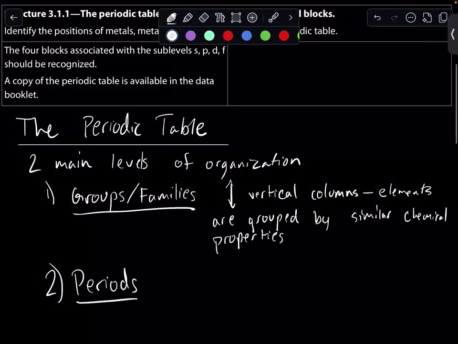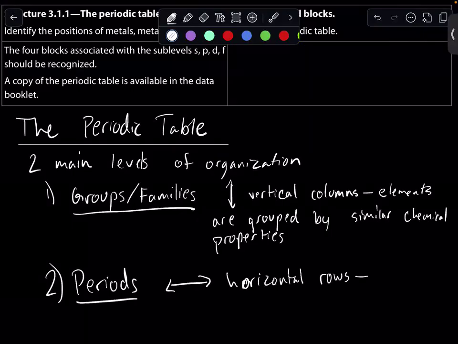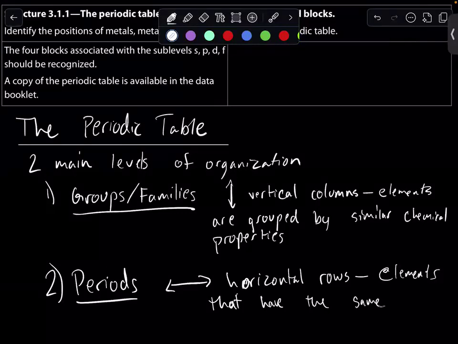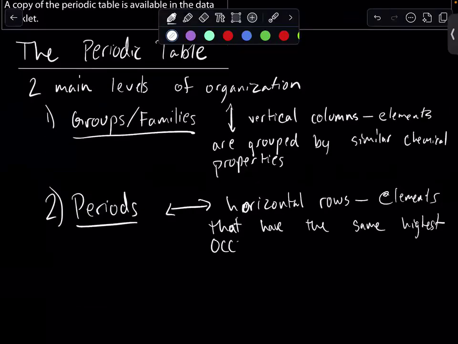The other way the periodic table is organized is in what we call periods. Heck, it kind of gets a name from that. So periods are the horizontal rows. Now, these are elements that also, in addition to just being in the same horizontal row, have the same highest occupied energy level.